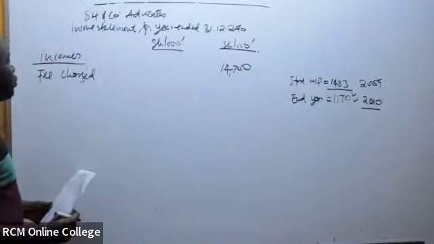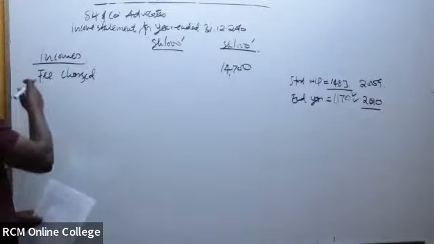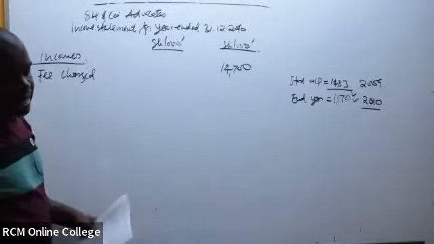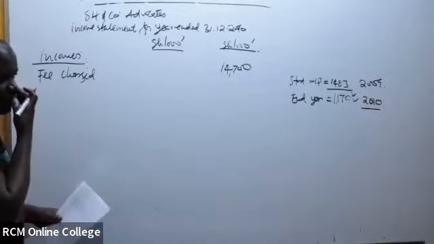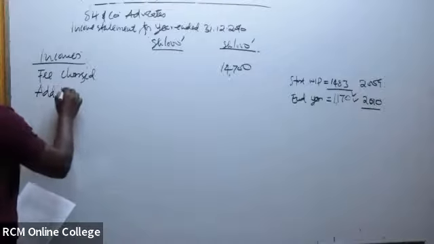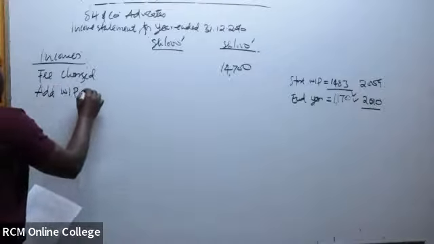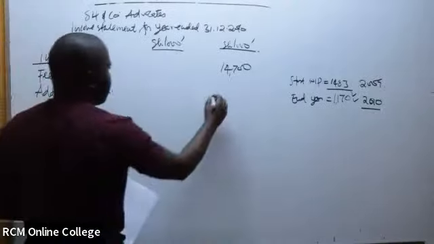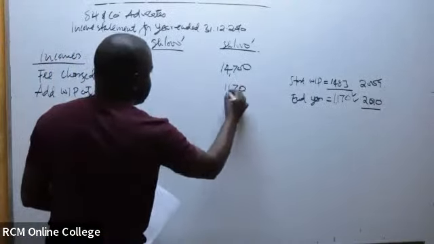Therefore, when you are looking at the incomes realized here, we have to add work in progress at the end of the year, which was 1170.